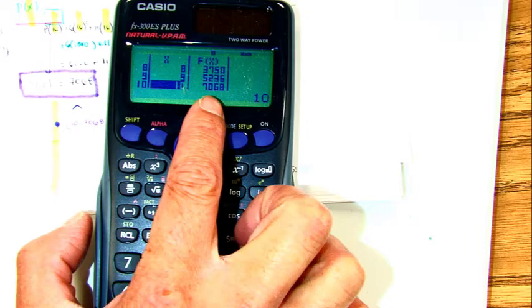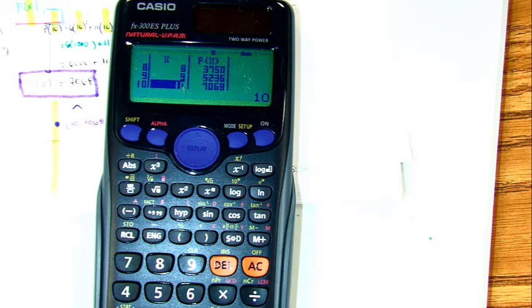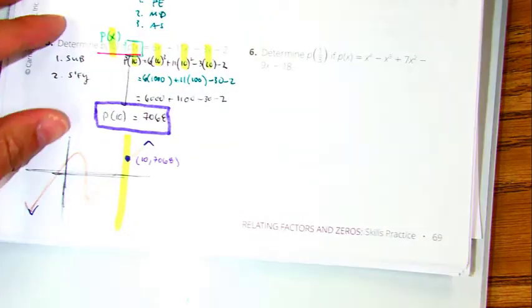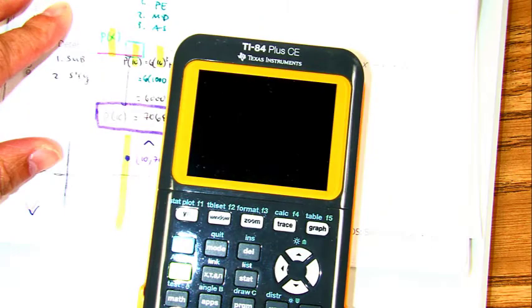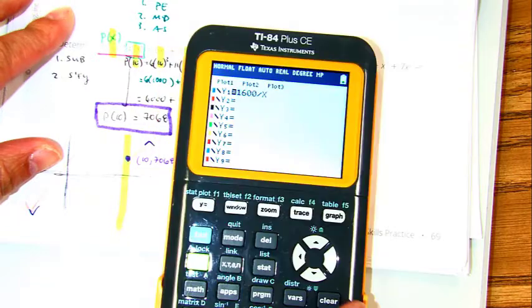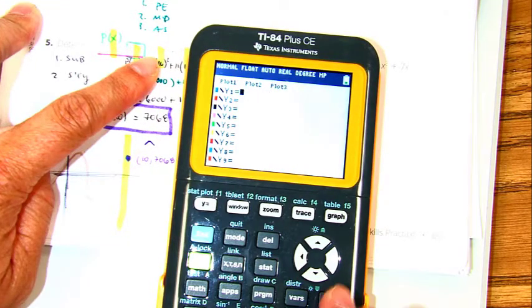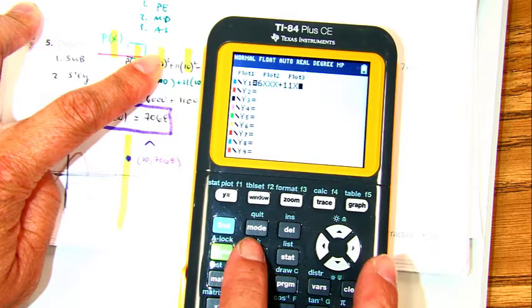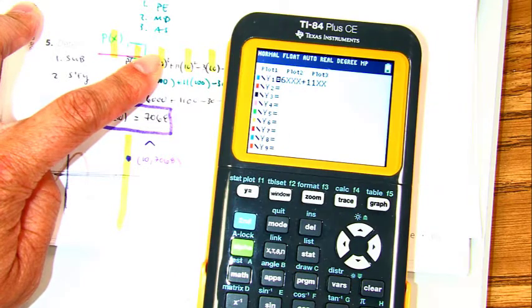Your calculator can actually calculate the answer for you, and you can just check your answer by using the calculator. Is that pretty nice? So if you get this big number and you're not sure if it works, then you can use your calculator. Let me show you really quickly with this calculator. I'll go a little faster on this one. 6x to the third plus 11x squared minus 3x minus 2, second table.